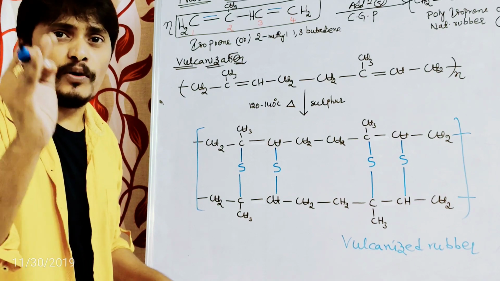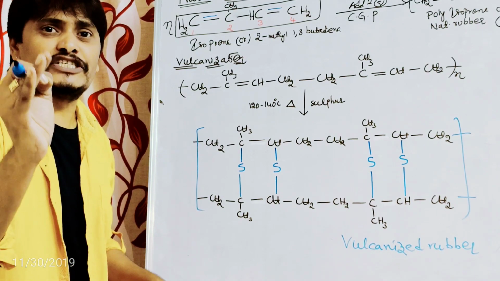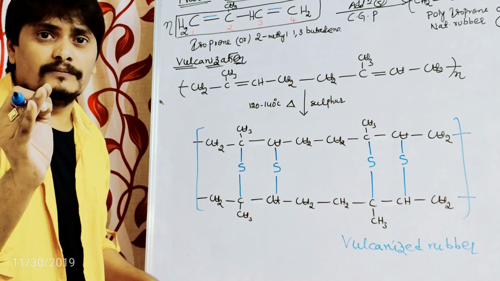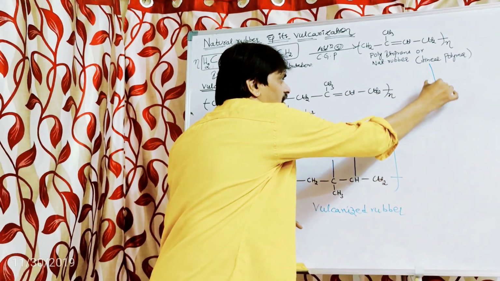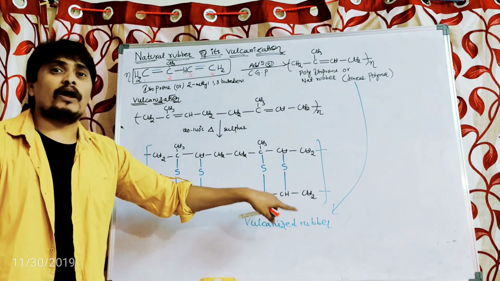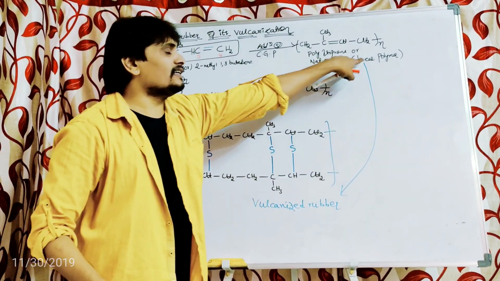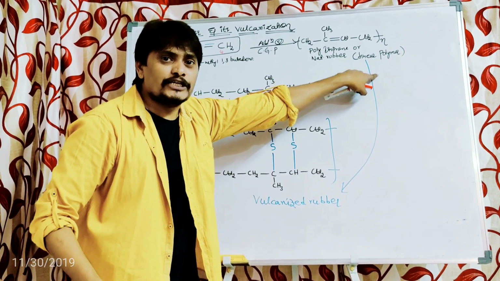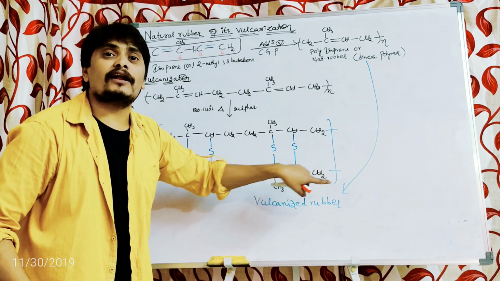Now what we have done with the help of vulcanization, with the help of the addition of the sulfur powder, is convert the linear natural rubber into cross-linked natural rubber, which is the vulcanized rubber.